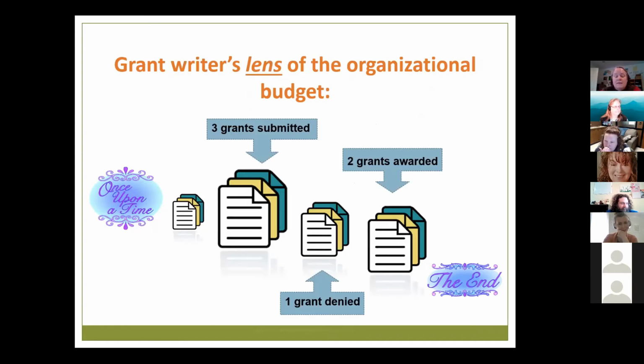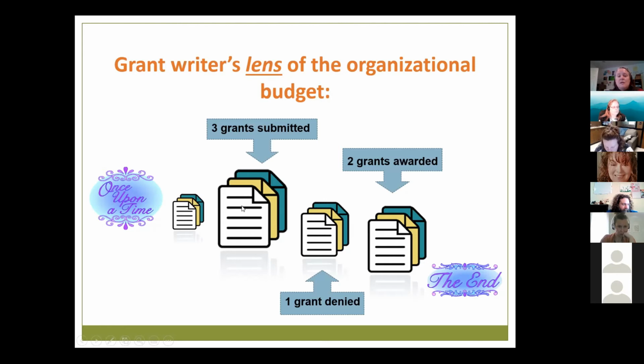The other thing that makes it more complicated is sometimes we think of a budget as a single thing, but as grant writers, the story of our budgets is always changing because we don't apply for grants one time in the year. It happens throughout the year. And the story of the work that we're going to do keeps changing.